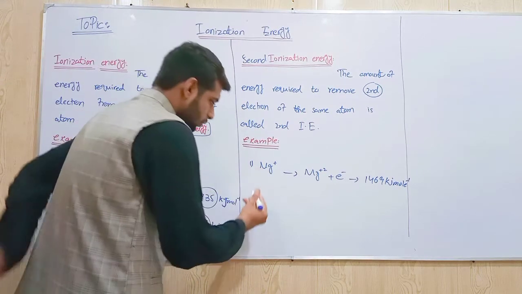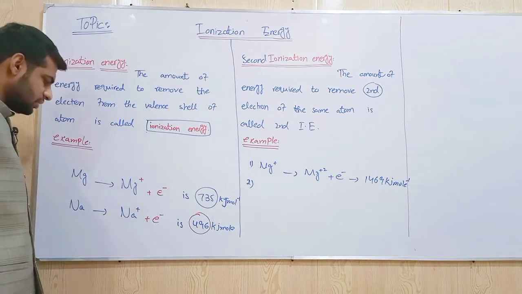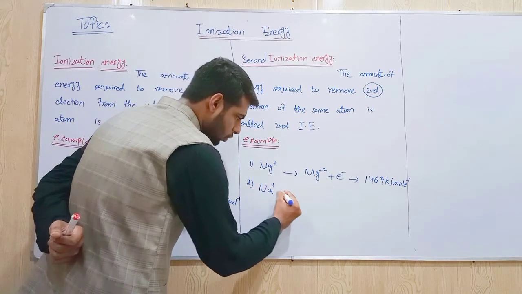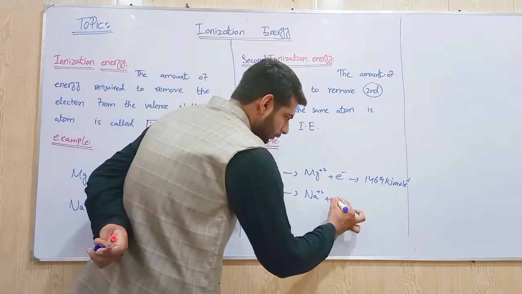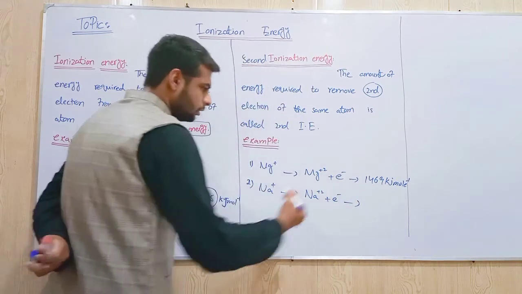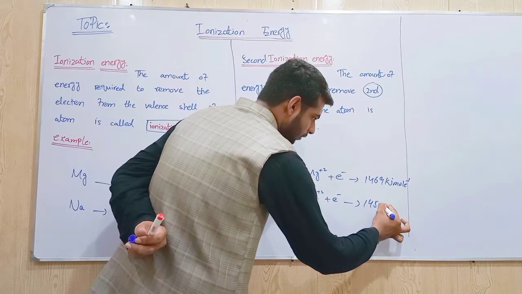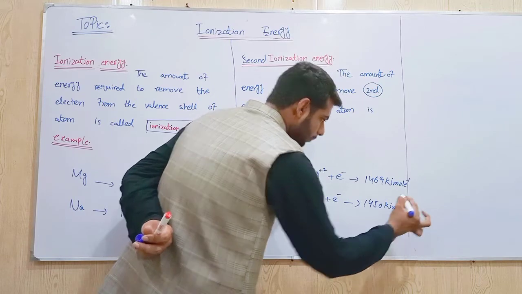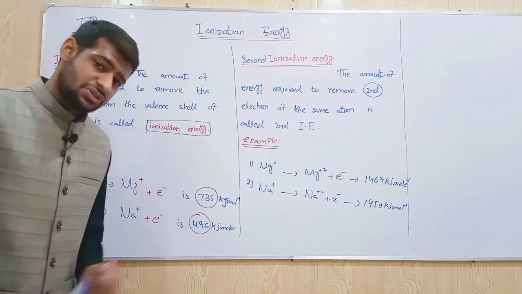Firstly I will discuss the second example of sodium: Na positive to Na 2 positive plus electron, and 1450 kilojoule per mole of energy is required to remove the second electron from the same atom.